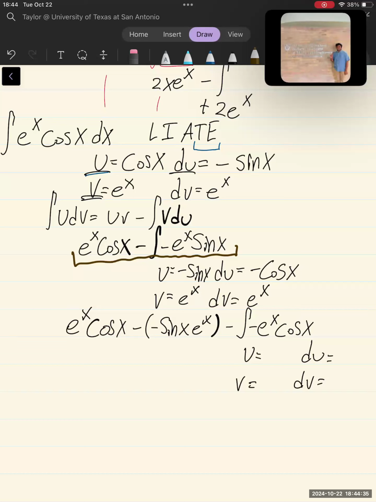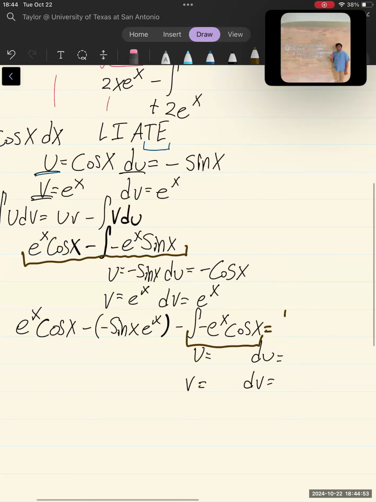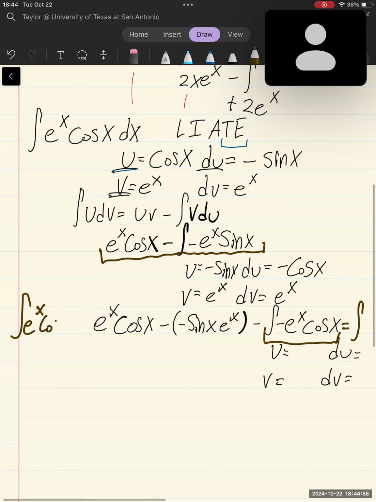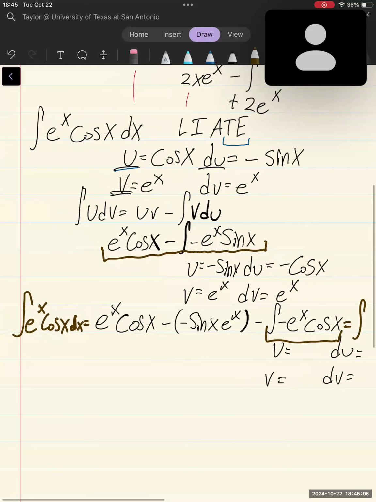No, the integral of e to the x cos x is equal to that, you can cancel out the last part of the equation and then divide by two basically. So you're saying I set the whole equation equal to e to the x cosine x, and then you can just move the one on the right to the left. But what happens here? What do I leave? You're saying two times that integral.